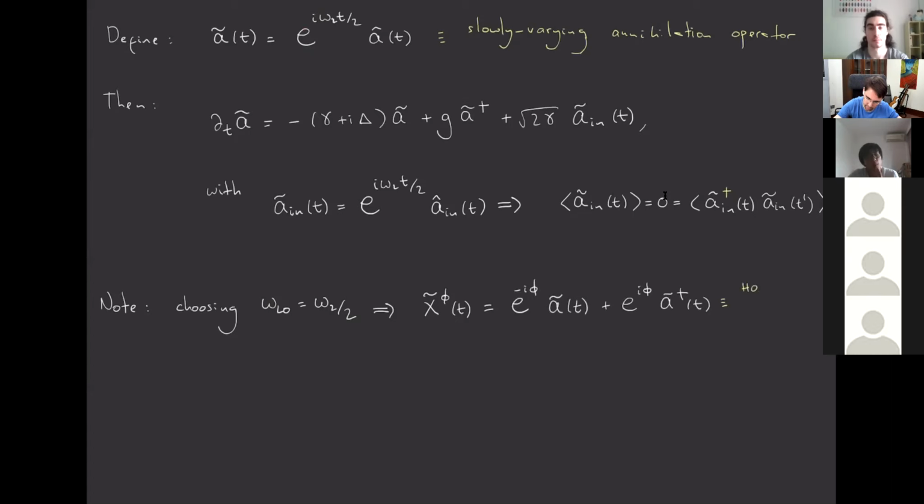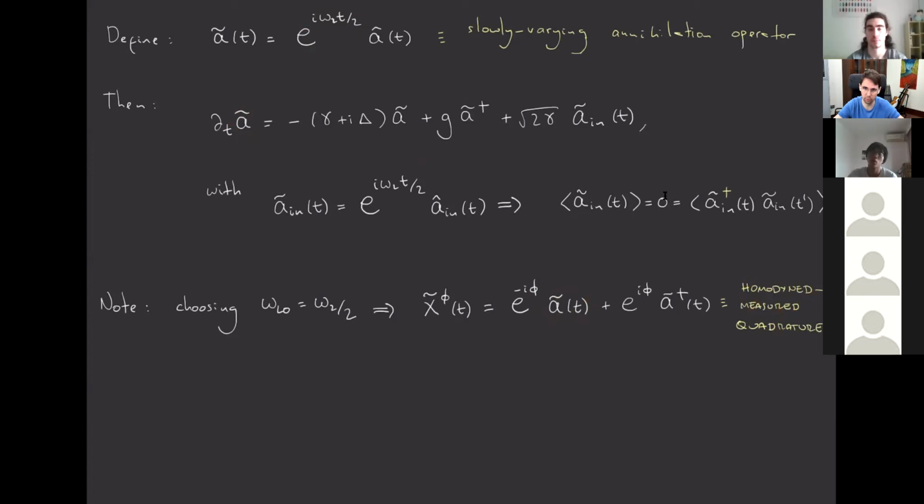And in particular, this is the homodyne measured quadrature. Okay, so directly from this equation, we obtain a solution for this a tilde, and this a tilde directly gives us the quadrature, the slowly varying quadrature that we are measuring in homodyne detection.